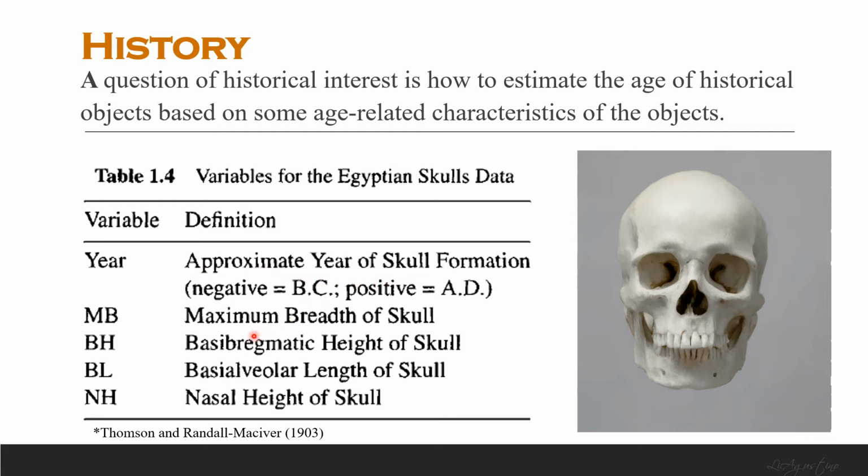And then we have the independent or explanatory variables: maximum breadth of skull, prosthion height of skull, basialveolar length of skull, and nasal height of skull. So if the skull has a size like this, then what is the approximation of our response variable, which is the year of the skull? So we could also apply regression analysis in history.